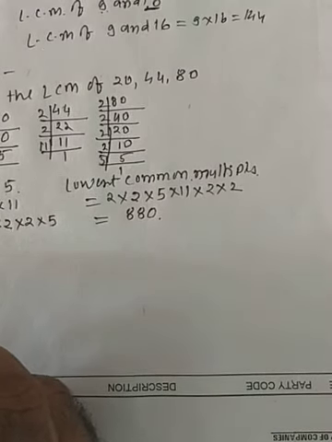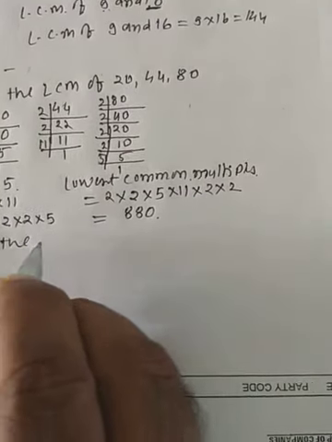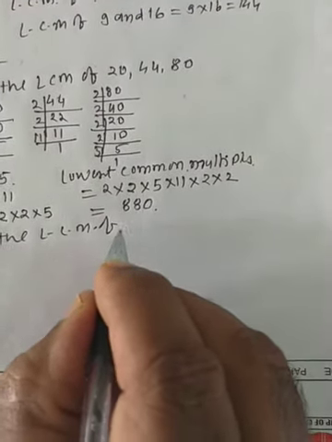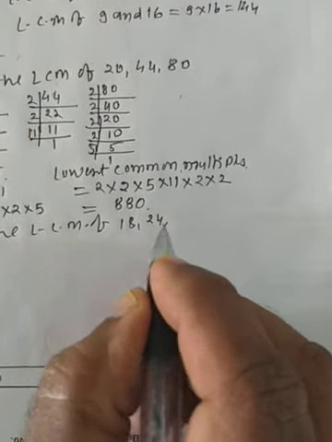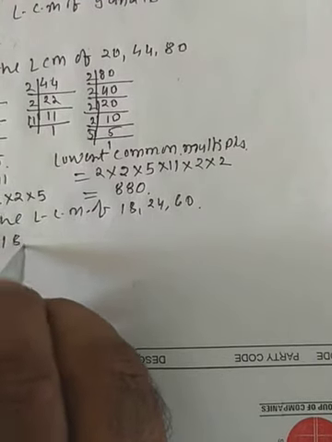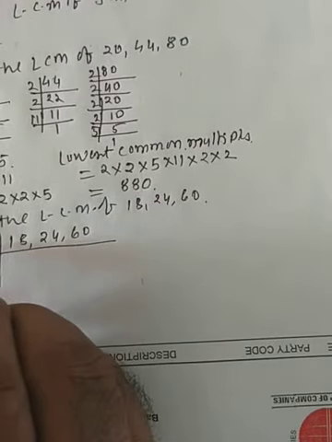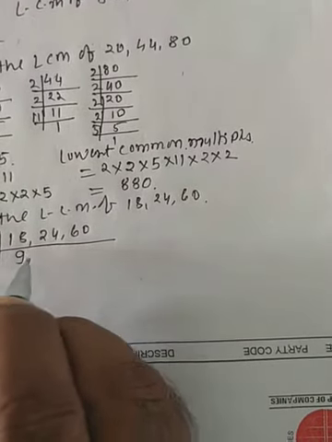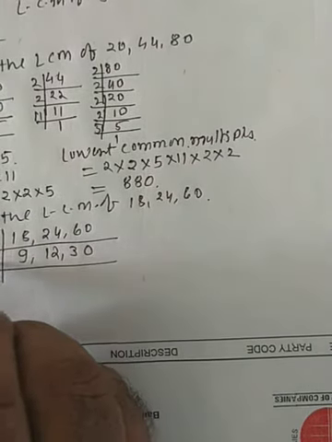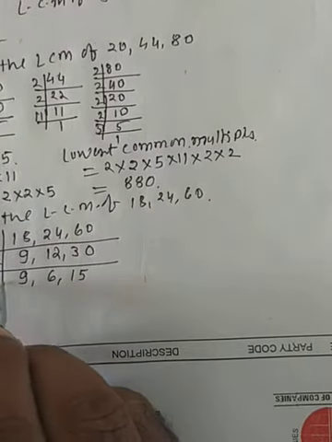Now see the shortcut method. Find the LCM of 18, 24 and 16. Divide by 2: 9, 12, 8. Again divided by 2: 9, 6, 4. Again divided by 2: 9, 3, 2.